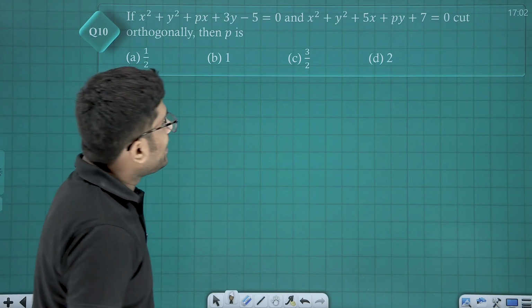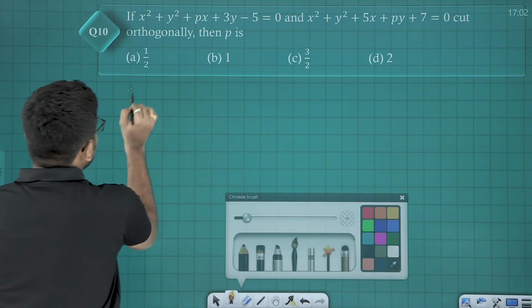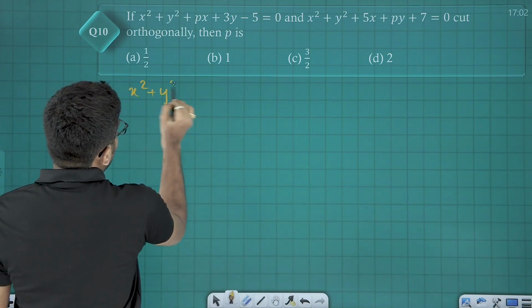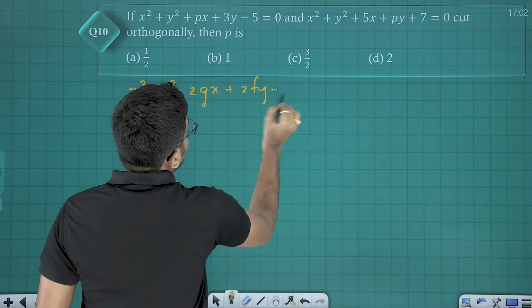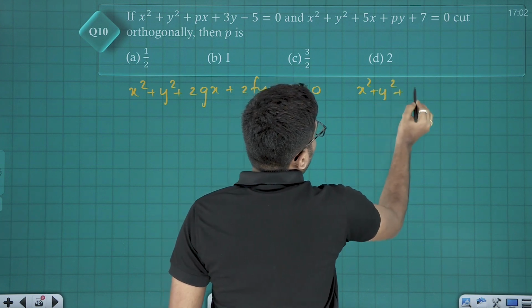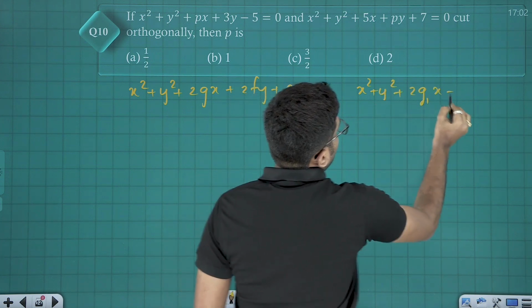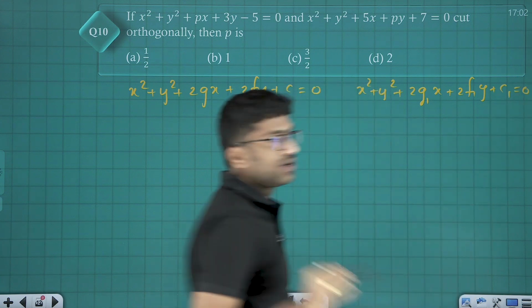Two circles are cutting orthogonally. So guys, suppose x square plus y square plus 2gx plus 2fy plus c equals 0 and x square plus y square plus 2g1x plus 2f1y plus c1 equals 0 are any two circles.